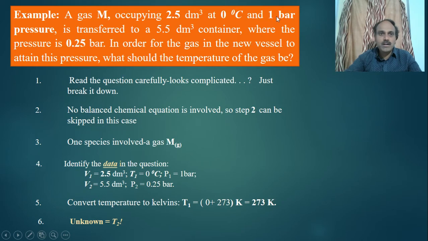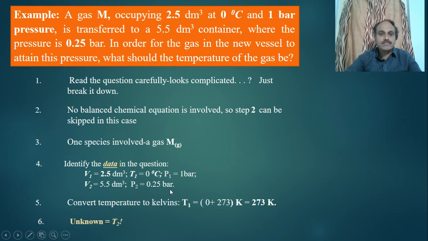And at 1 bar pressure, P1 is 1 bar. The gas is transferred to a 5.5 dm³ container where the pressure is 0.25 bar, meaning the final volume V2 is equal to 5.5 dm³ at the pressure of 0.25 bar.